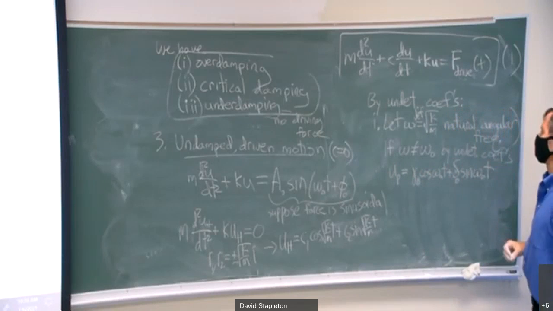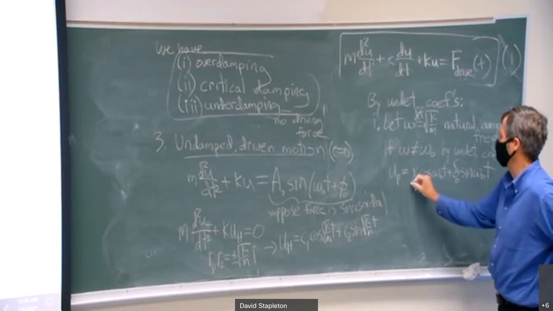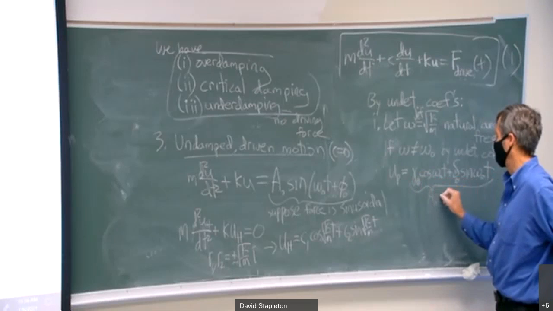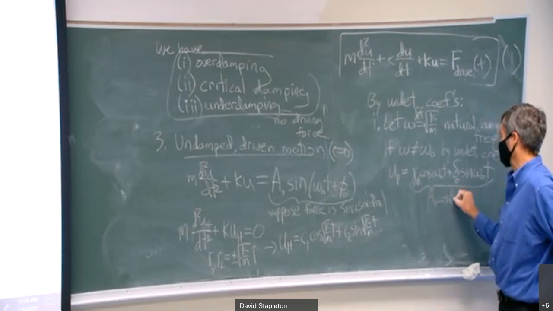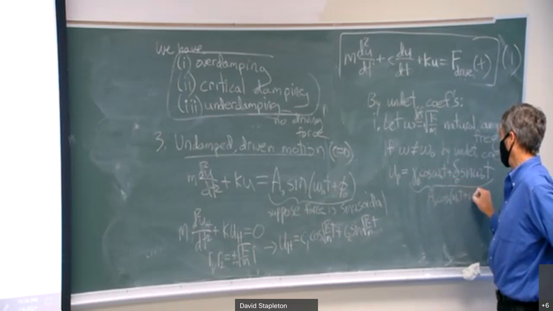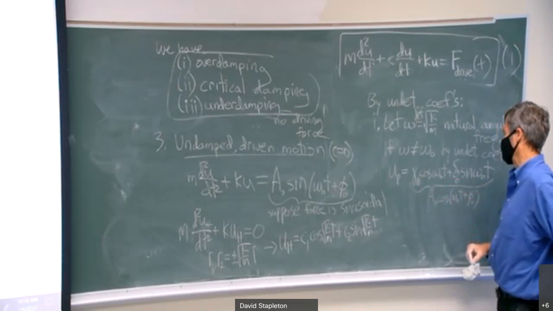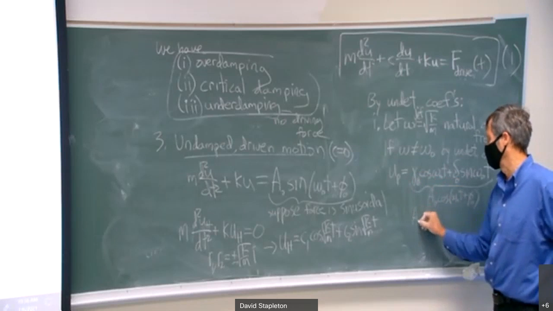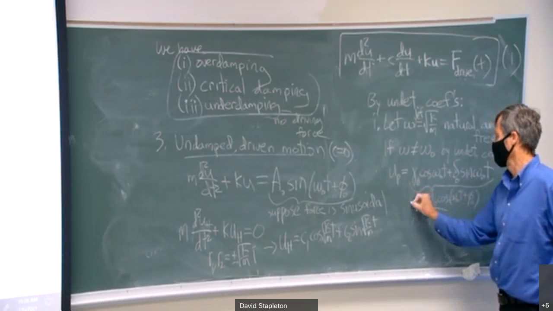So that will be the solution. Moreover, by the first comment we did with trigonometry, this could be rewritten as another sine wave as A0 cosine omega 0 t plus phi 0, using the same prescriptions we did before, where A0 is the root sum square of those.